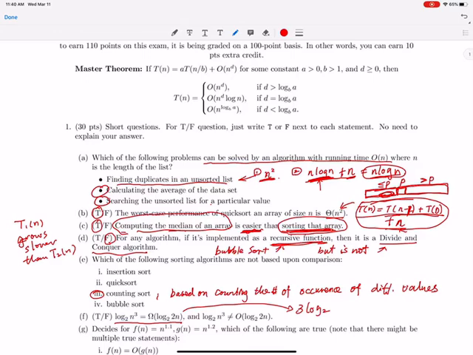So in the worst case scenario, the pivot value that you pick could be the smallest element or the largest element, but no matter what, the recursive function will look like this. You spend linear time to partition the array, but then you end up with a very unbalanced partition.